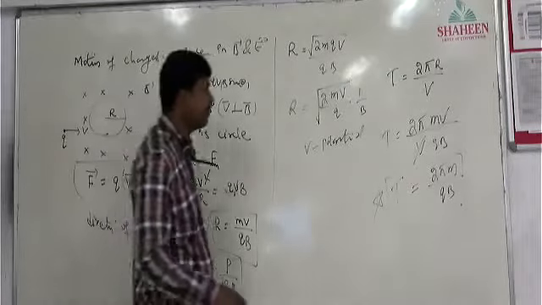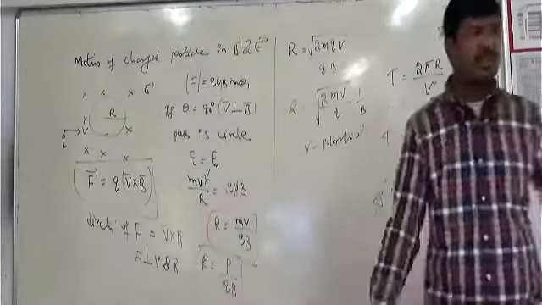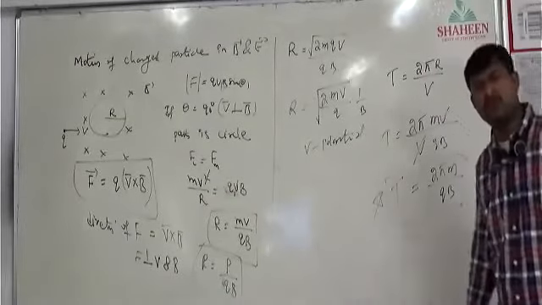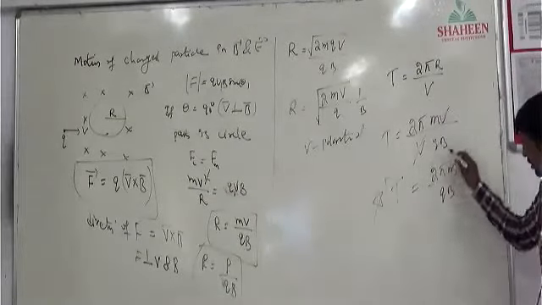So what is the ratio? 1:1. Same only, because velocity is not there.